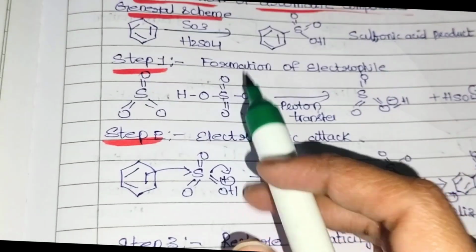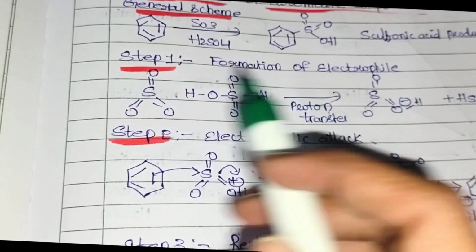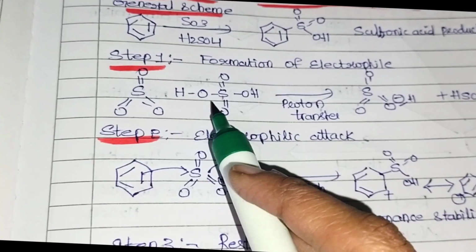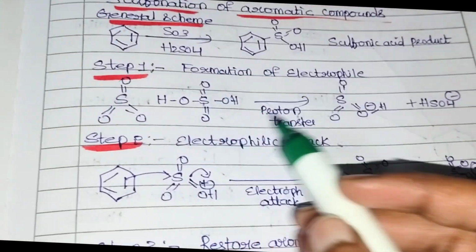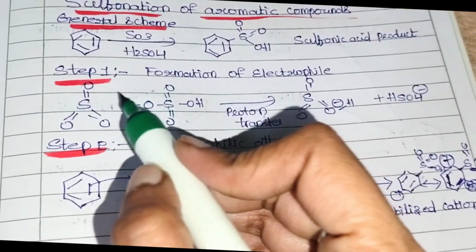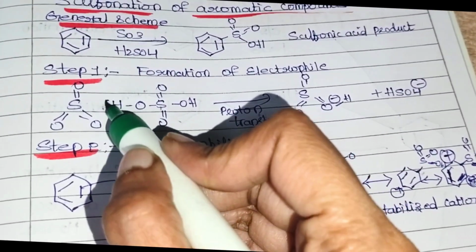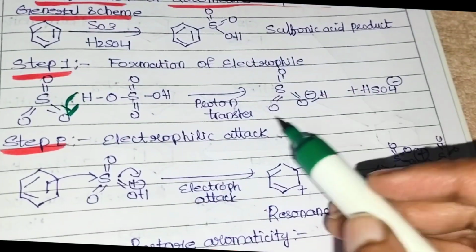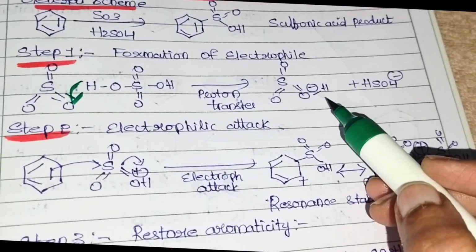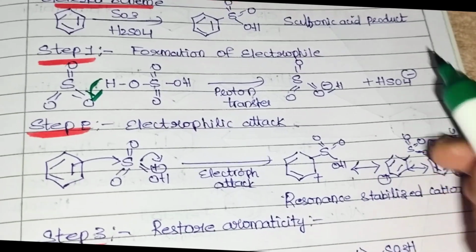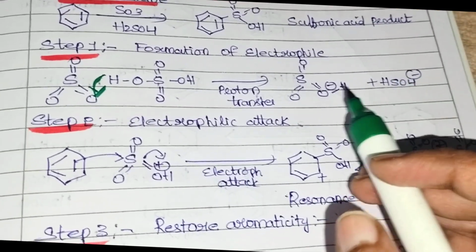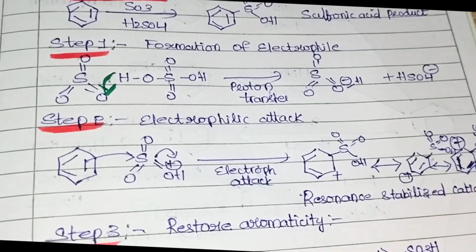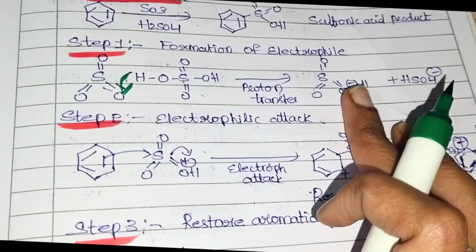What is the first step? As usual, formation of the electrophile. SO3 reacts with sulfuric acid, and a proton transfer takes place. The H is transferred, giving SO3H plus and HSO4 minus. By losing this, it gets a negative charge, and here we get a positive charge. After this it becomes a strong electrophile.